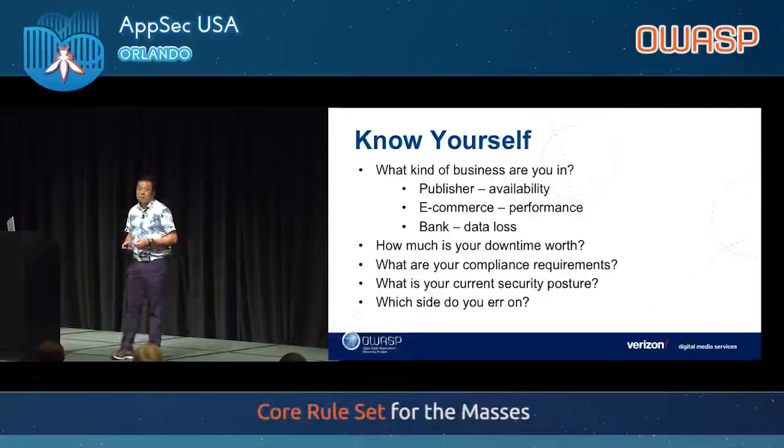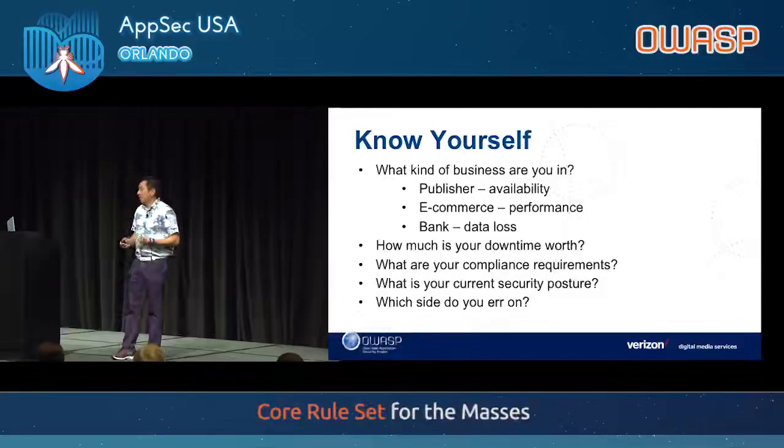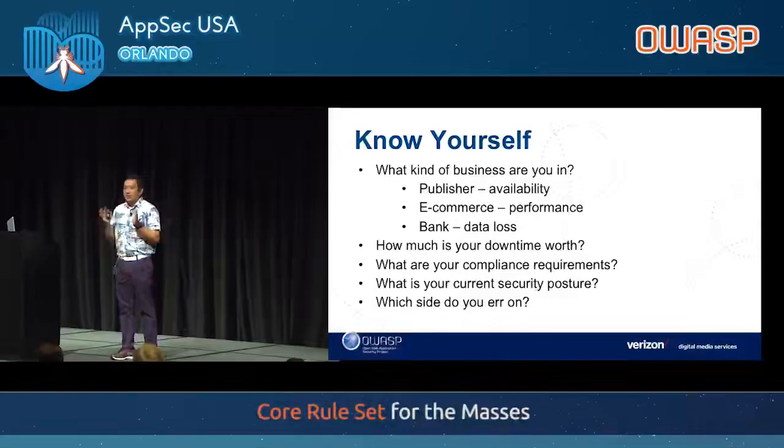How much is your downtime worth, right? Some companies, the downtime is worth literally like $1 billion an hour, and for some, it may be just tolerable, right? And you have PCI compliance or any other compliance requirement, but most importantly, what's your security posture and what side you're going to err on.